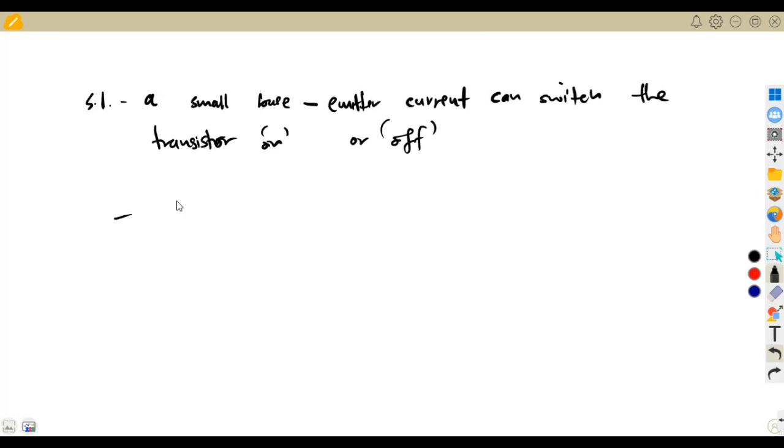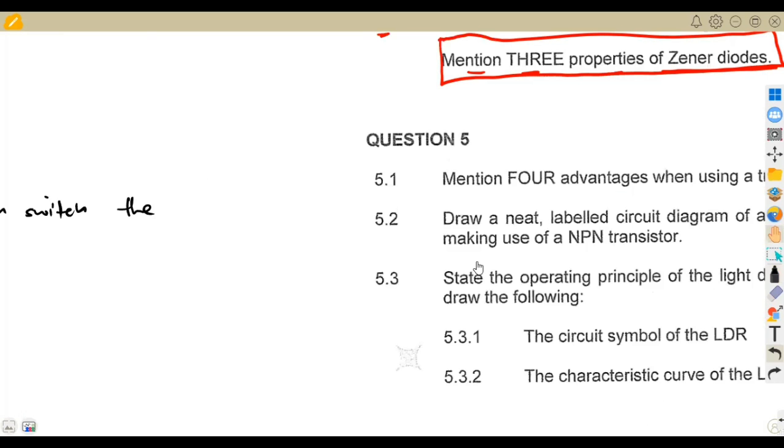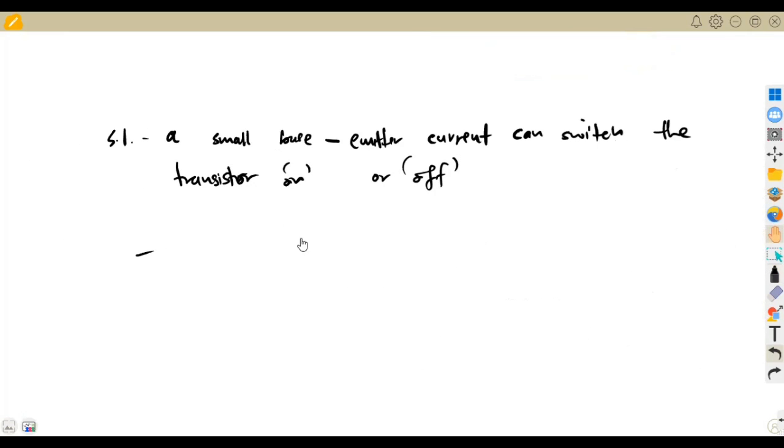Then also you can consider that there is no wear and tear in a transistor. How many do we want here? At least 4. So let us have another one. There is no wear and tear. It's not like we are dealing with those machines that have gears and this and that.